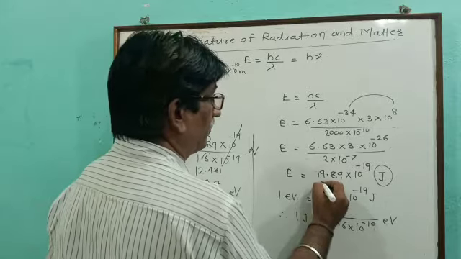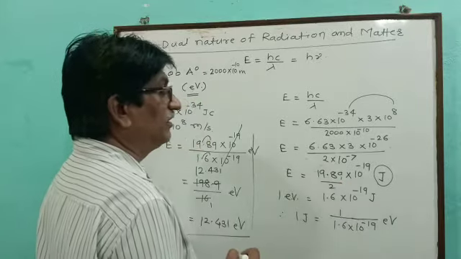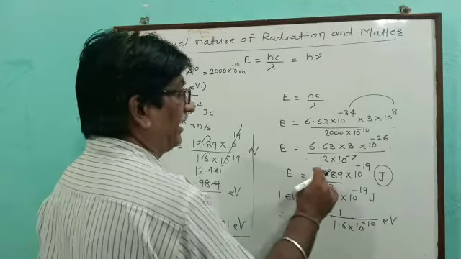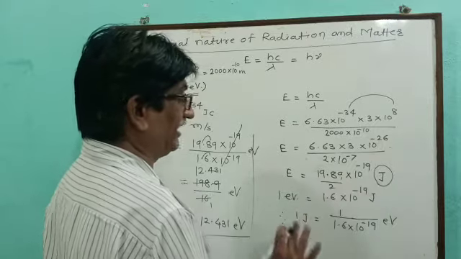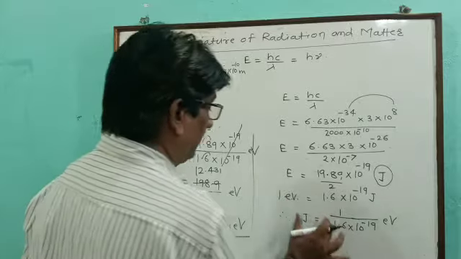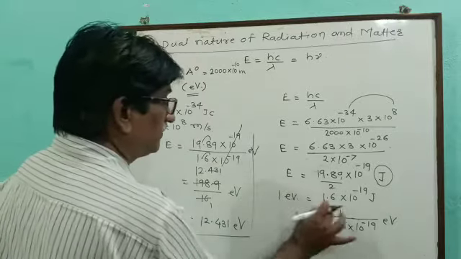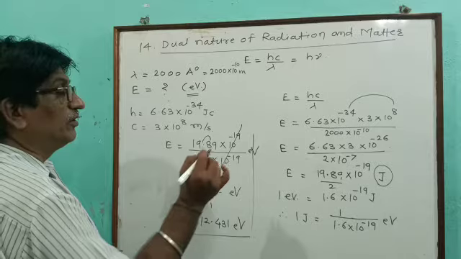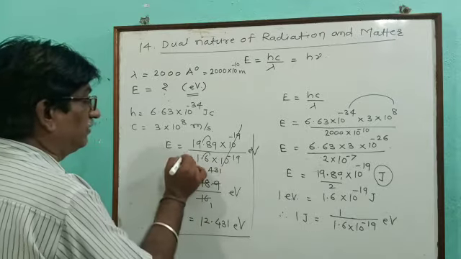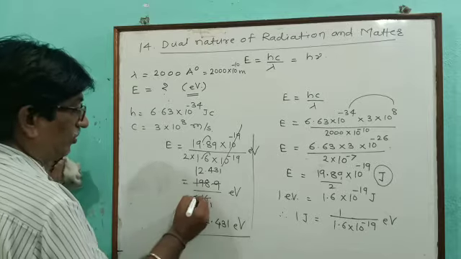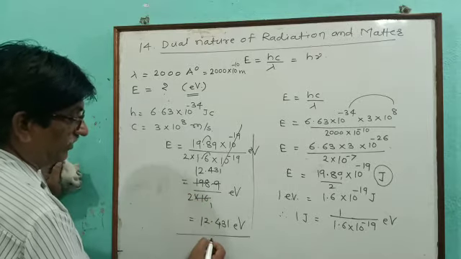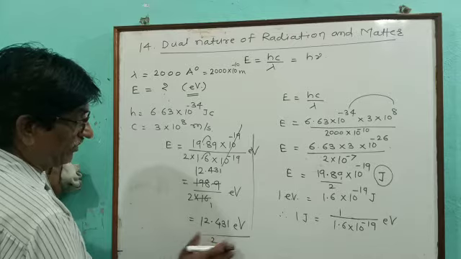Here we put 19.89 divided by 2 into 10 raised to minus 19. Okay, we can give the values here. So this 2 is in denominator.